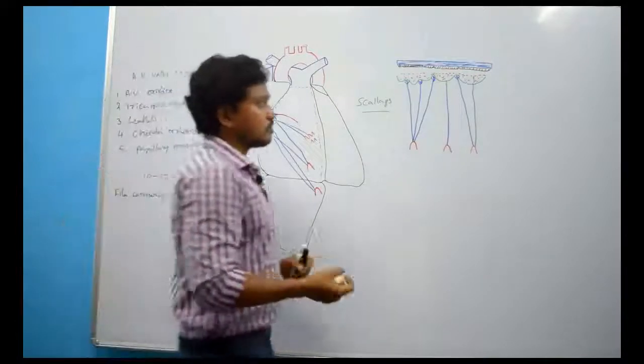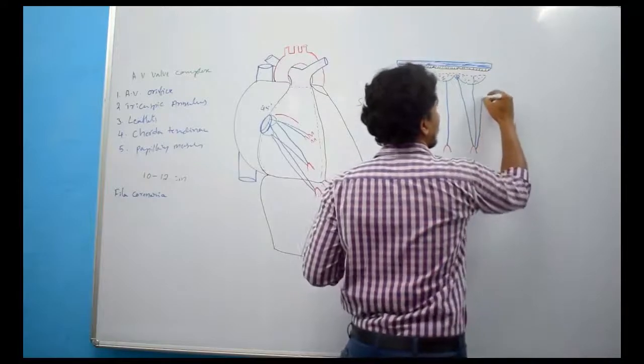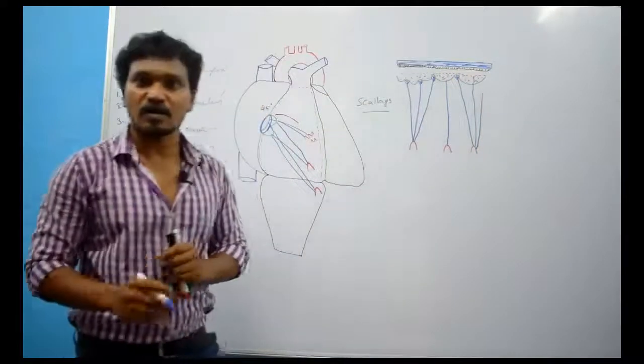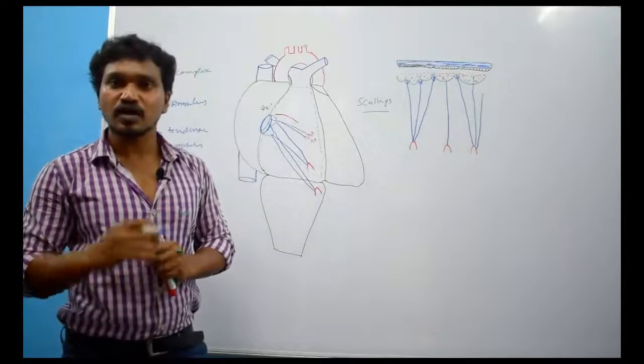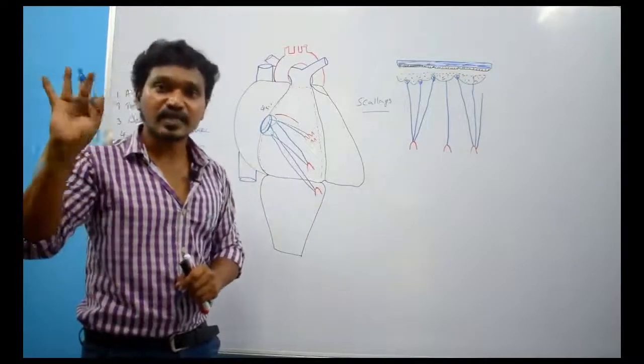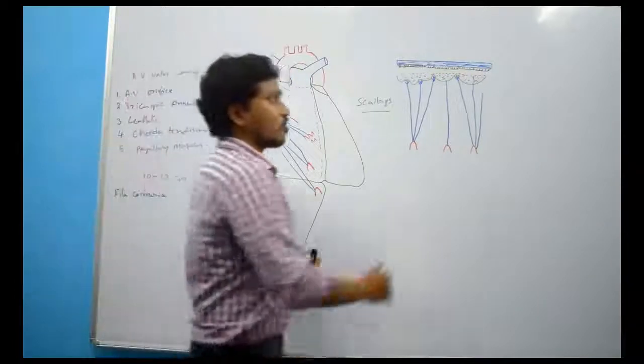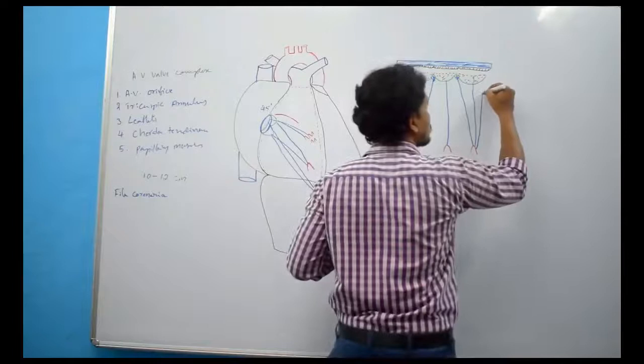Then another type, rough zone chorda. These rough zone chorda, when they attach to the leaflets, divide into 3 strands. One strand attaches to the free margin.